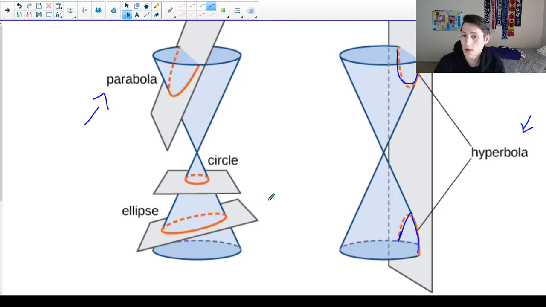It looks like a parabola facing up and a parabola facing down. It's not technically a parabola though. Parabolas have certain other properties that we'll talk about that these do not. They look similar, but parabolas and hyperbolas are actually distinctly different shapes.